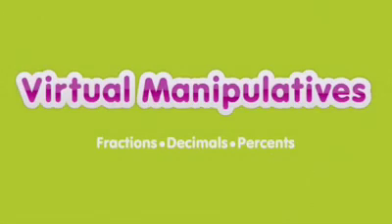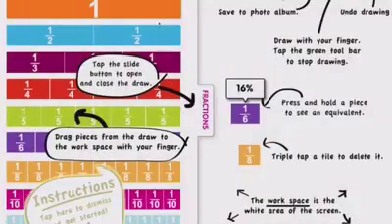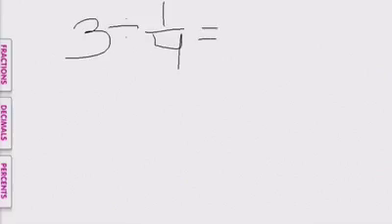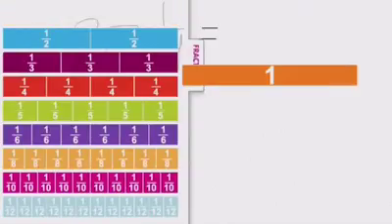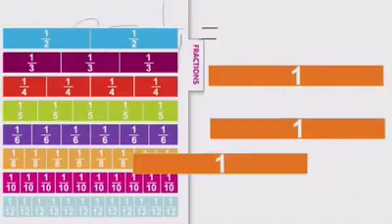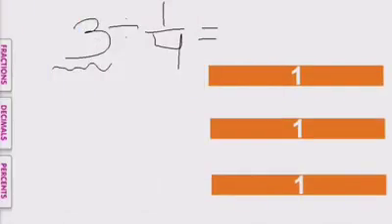Okay, so let's write that down. 3 divided by 1/4. Remember, step 1 when using a model is to model our first number, or in other words, our dividend, which is 3. So I'm going to select the fraction tab and pull out 3 of the 1s to model my 3. Okay, that's step 1.